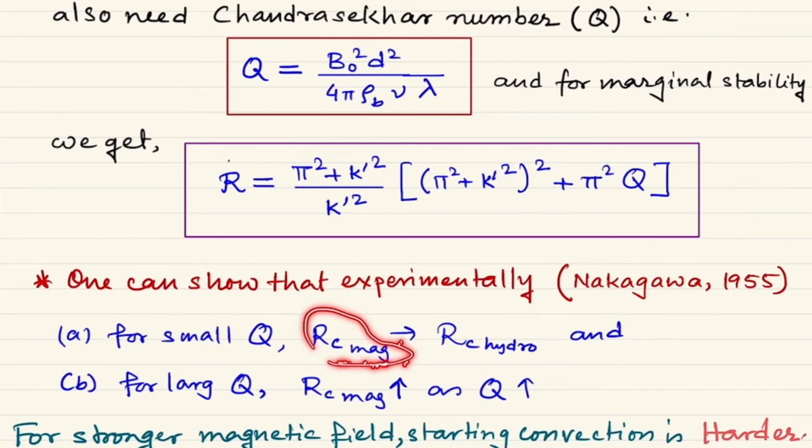actually tends towards the critical Rayleigh number for the hydrodynamic case. But for large values of Chandrasekhar number, when Chandrasekhar number increases, the magnetic critical Rayleigh number also increases in a monotonic way.